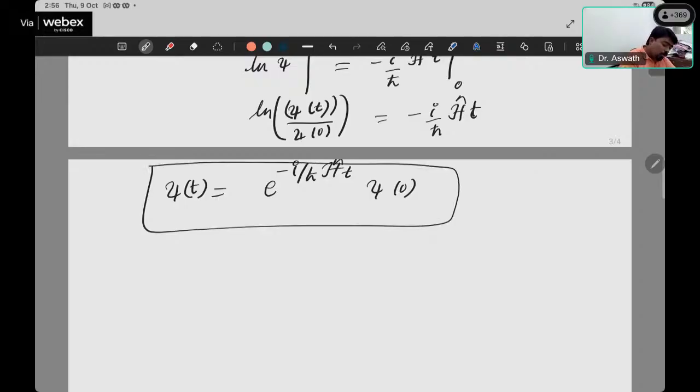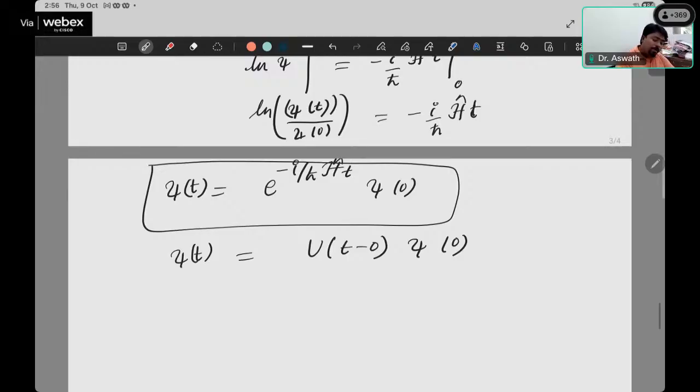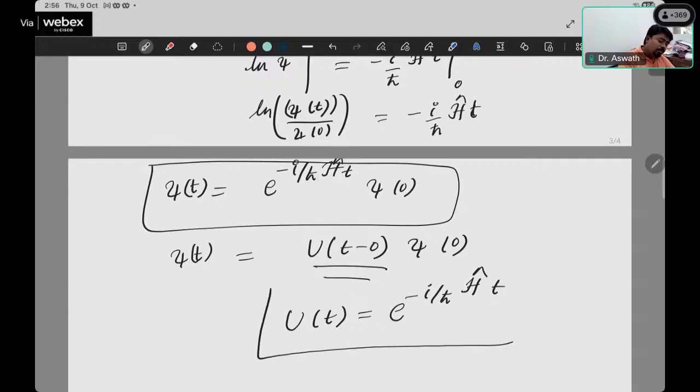What is this? This is the quantum system evolving in time from 0 to t by a unitary operator. What is that unitary operator? The unitary operator is simply exponential of minus i by h-bar Hamiltonian times t. All the quantum gates are unitary operators or matrices, because my Hamiltonian was represented in terms of matrices.